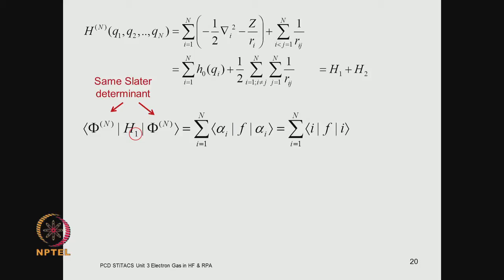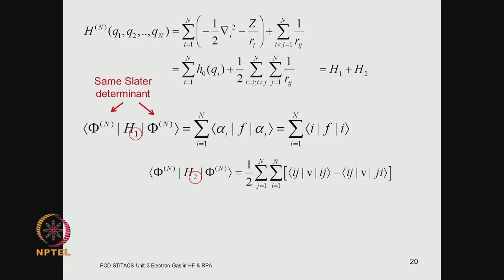The single particle operator is H1, and we have dealt with this in the previous course quite extensively. So, I will not spend any time on getting these expressions, and we know that this is a sum of the matrix element, which is the integral psi I star f psi I dq, which I have written in the Dirac notation.